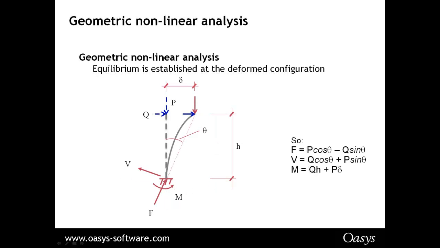But when you get onto non-linear analysis, you're getting a large deflection, which means the reactions F and V are both a function of both the loads P and Q, but also the moment is a function of Q times the height plus P delta, the load P times the deflection.